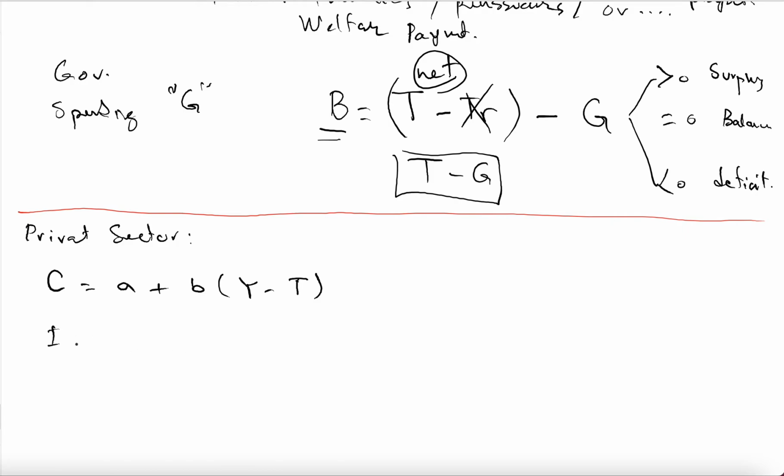And investment is I0, autonomous investment. So as I said before, this is autonomous consumption, which is exogenous, and this is autonomous investment.